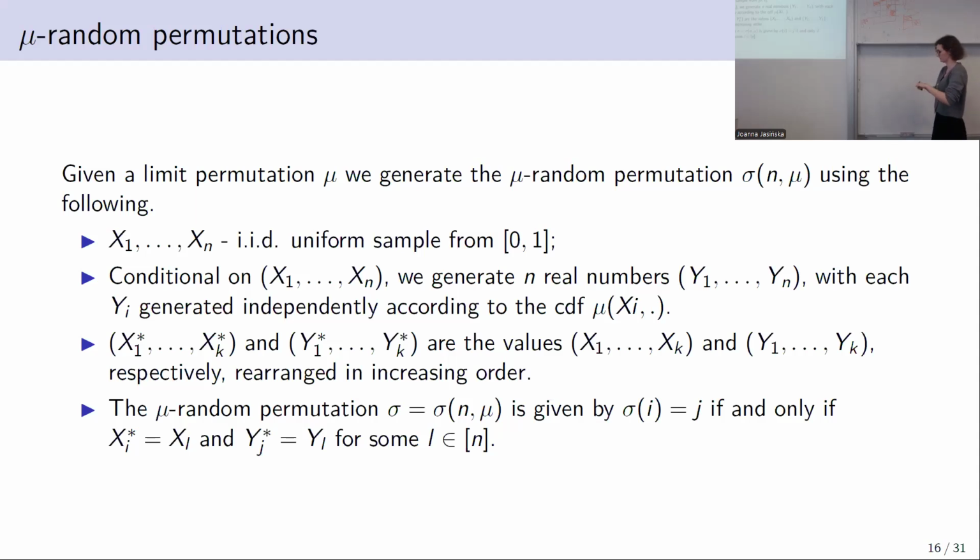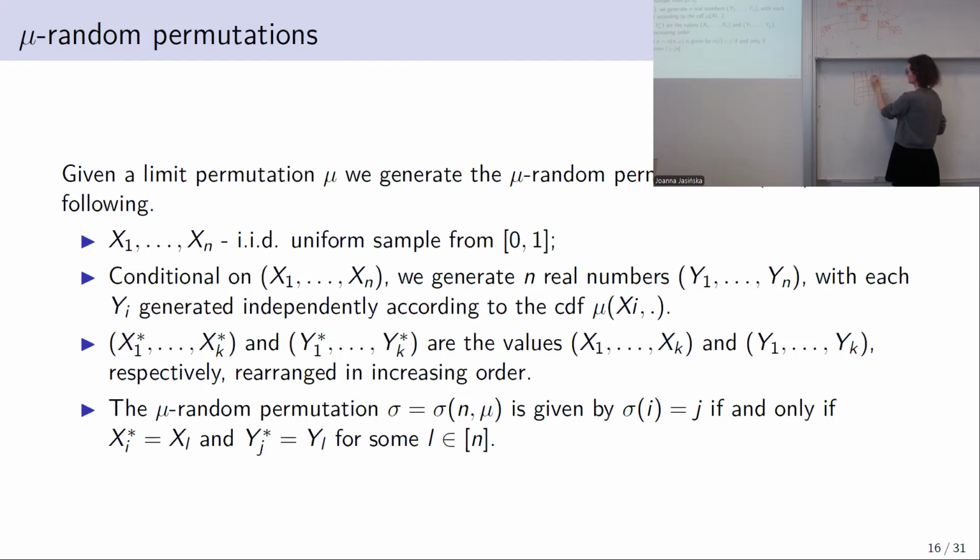Let's say I'm drawing points according to this limit permutation mu. I'm getting such a picture, and I can associate a permutation with this picture. Let me divide it like that. Those points, the relative order of them, will give me a permutation if I just put squares here. So that's the intuitive way of thinking about it.